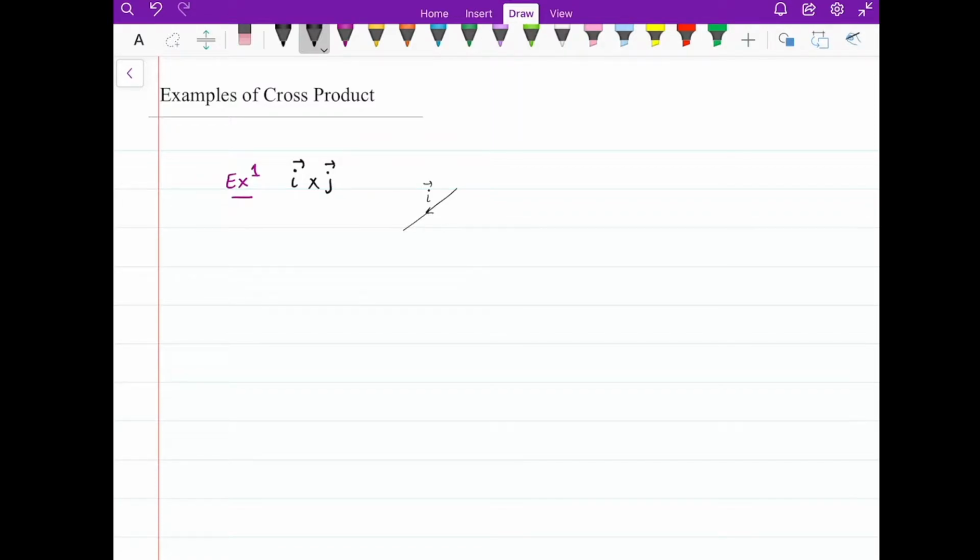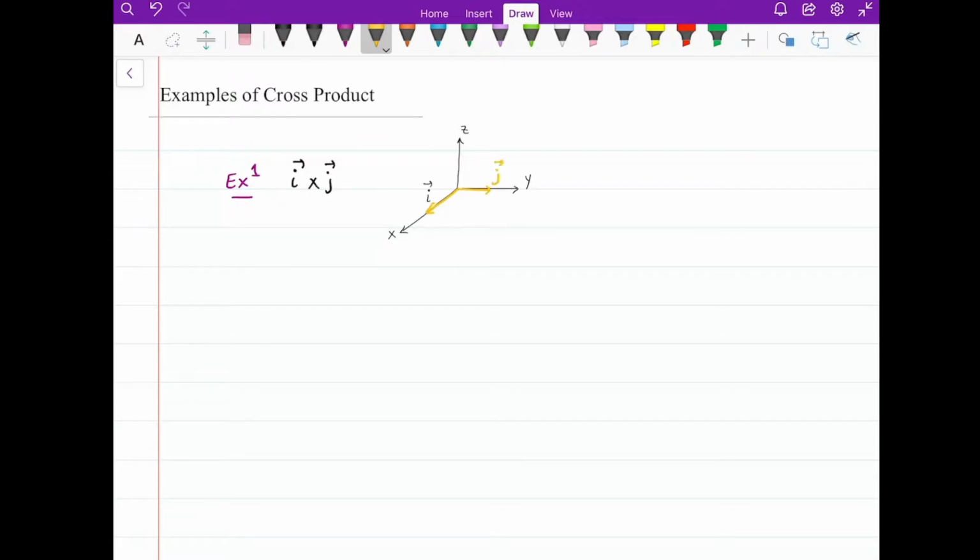So let me graph the x-axis, y-axis, and then z-axis. Always label the axes. And then this is i, and this is the vector j.